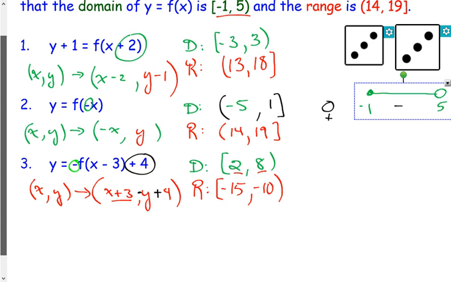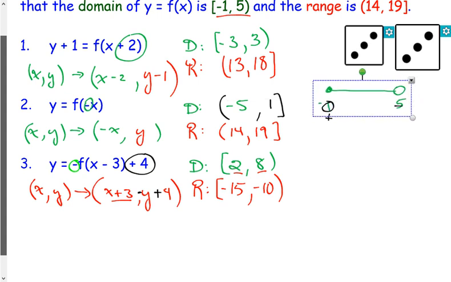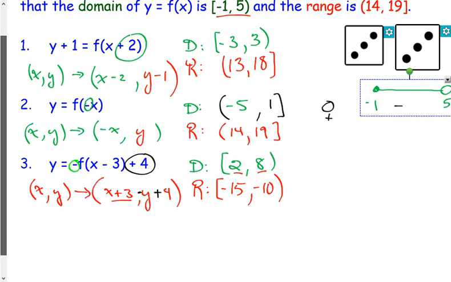The endpoints stay as they were, as in closed at the left and open at the right. Just that whole domain has shifted, and so my left end becomes a 2, my right end of that interval becomes the 8. So yes, domain is correct. Big check mark.